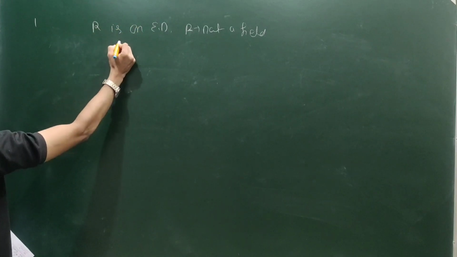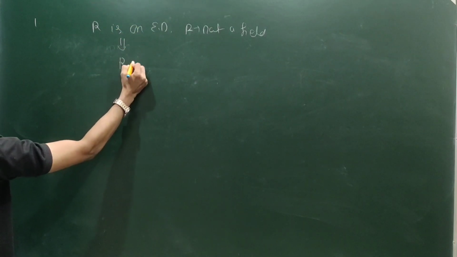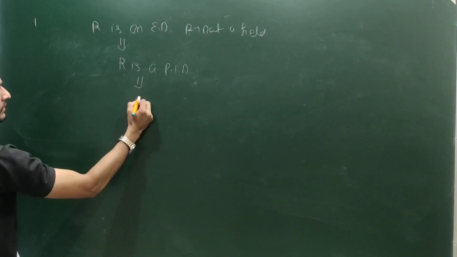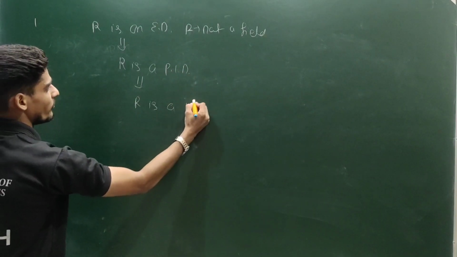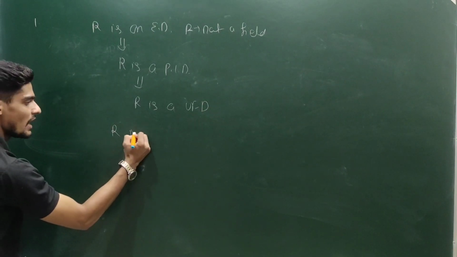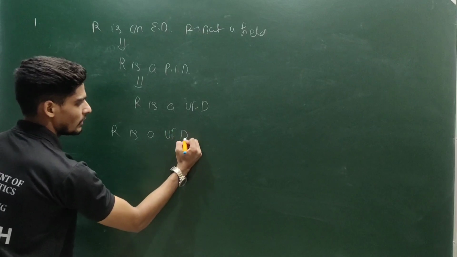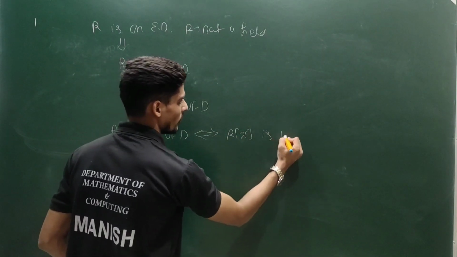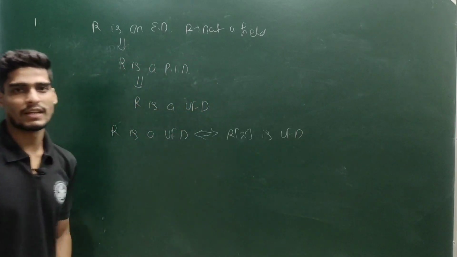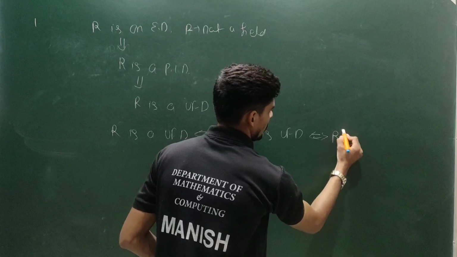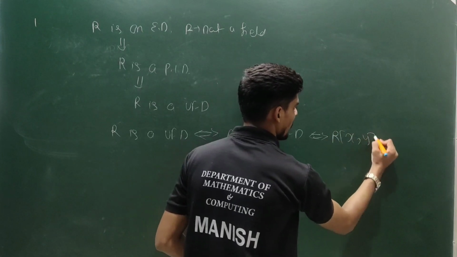I know that every Euclidean domain is a principal ideal domain, and every principal ideal domain is a unique factorization domain, and we have proved in our theory lecture that R is a UFD if and only if R[x] is a UFD, and you can generalize this concept up to n variables, if and only if R[x, y] is a UFD.